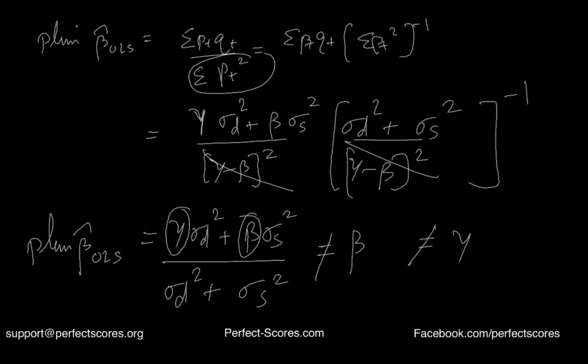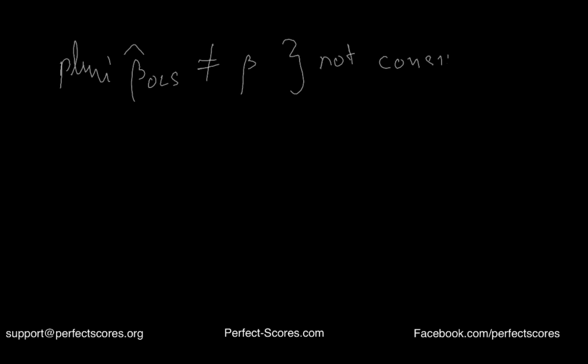That brings us to an important point: the probability limit of beta OLS cannot be equal to beta, which means our estimator is not consistent, which means we have an endogeneity problem.